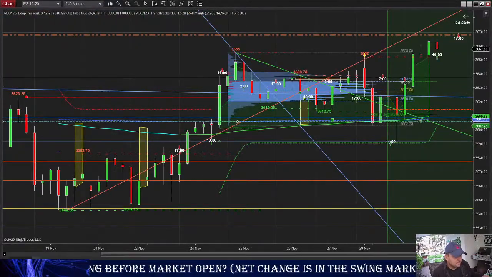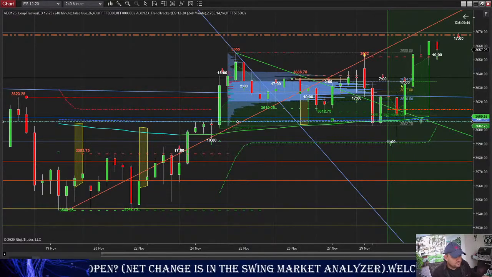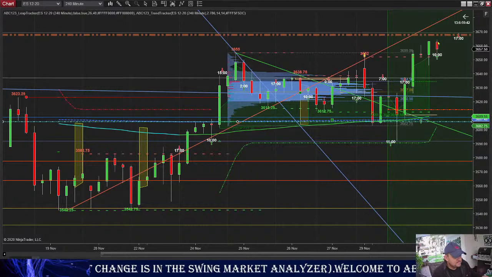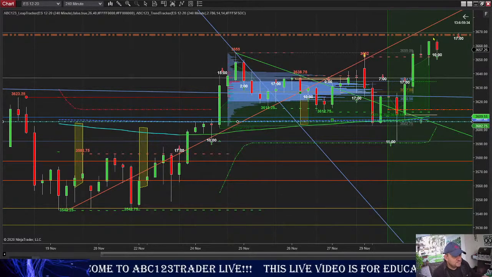This whole time, it's been so consolidated. The times we're working, 11 o'clock worked. This 5 p.m. did fail. So now we have to see possibly a double failure or continuation, which we have from 10 till 5. And we do have a lot of resistance here. Once we break the 68, we're off to the races.